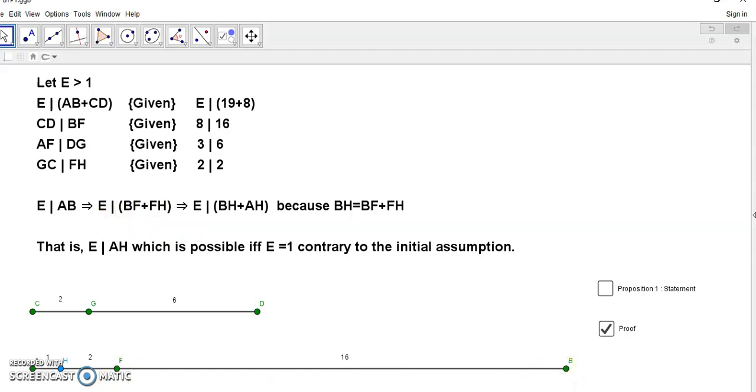So it measures this whole part, okay, implying that E measures AH. But this is only possible if E is equal to 1, okay, which is contrary to the initial assumption. So therefore, it's not true that 19 and 8 have a common divisor other than the unit, meaning they are prime to each other. And that was the first proof.